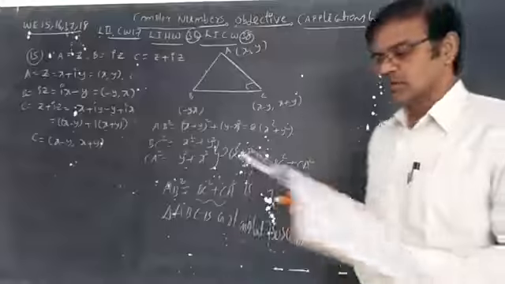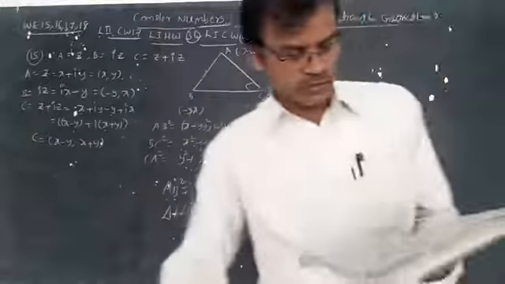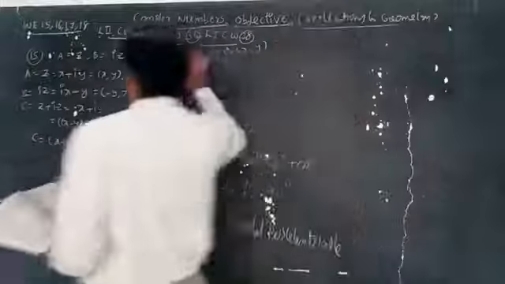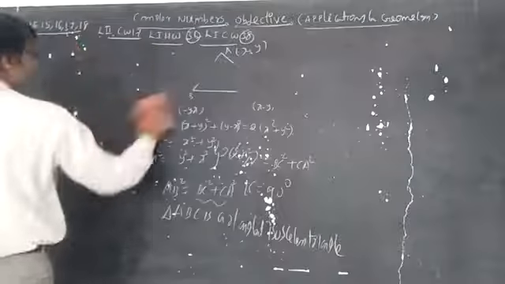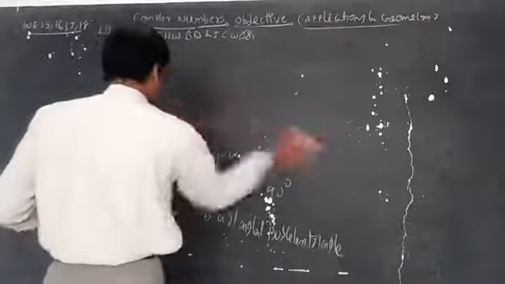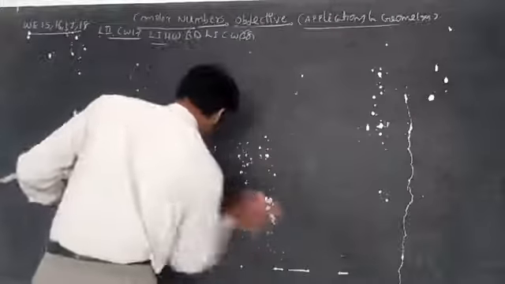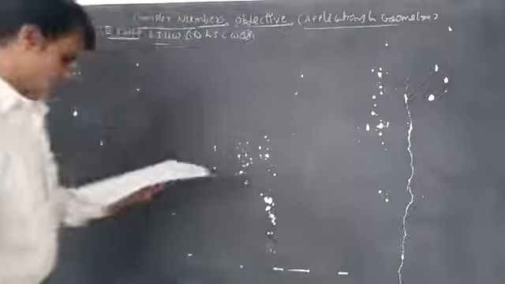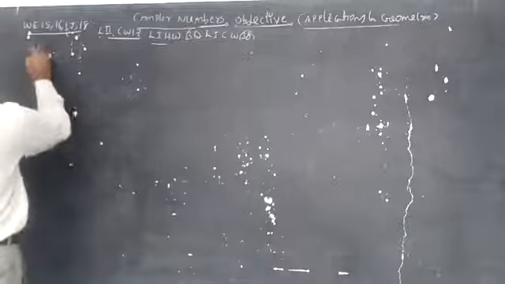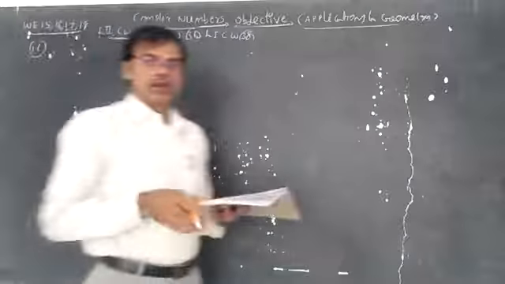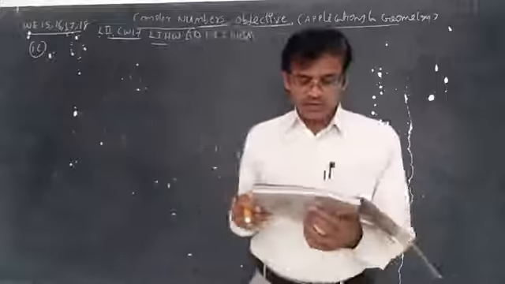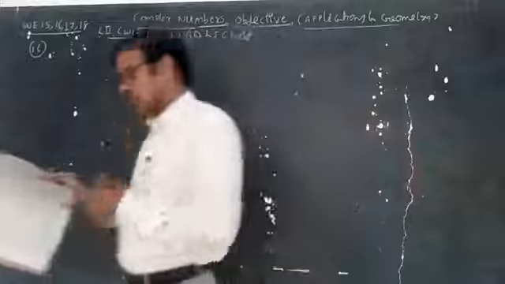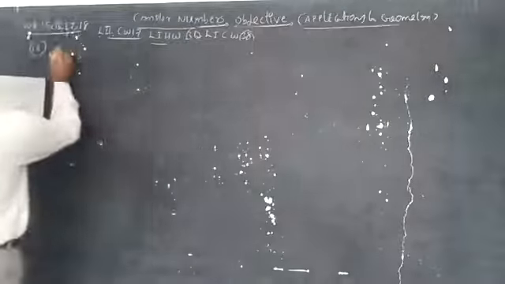So the 15th sum is completed. Let us discuss the 16th question. This is a somewhat applicable, important question. Sixteenth one: if modulus of Z1 is equal to modulus of Z2 equal to modulus of Z3 is equal to 1 and Z1 plus Z2 plus Z3 is equal to 0, then find the area of the triangle whose vertices are Z1, Z2, Z3.